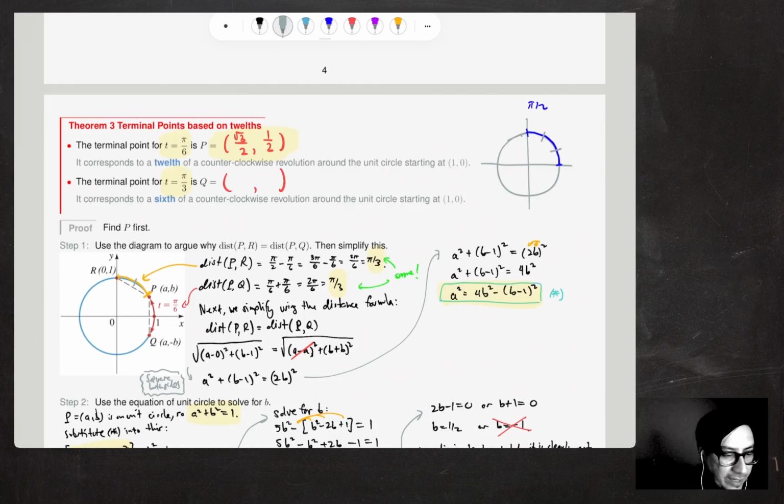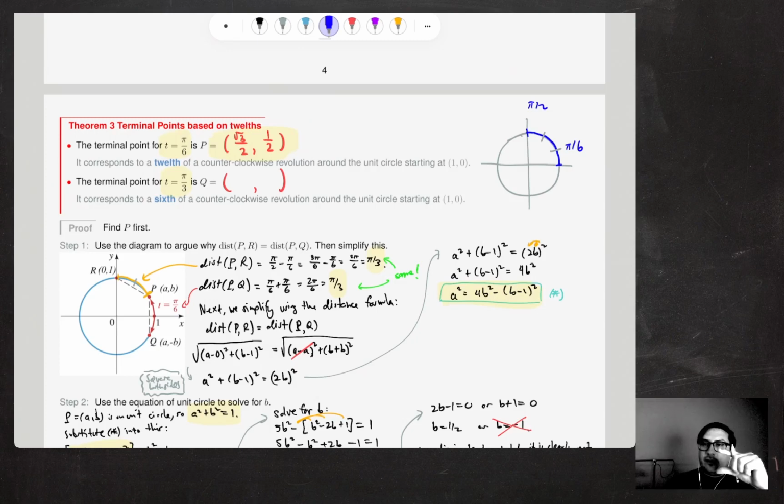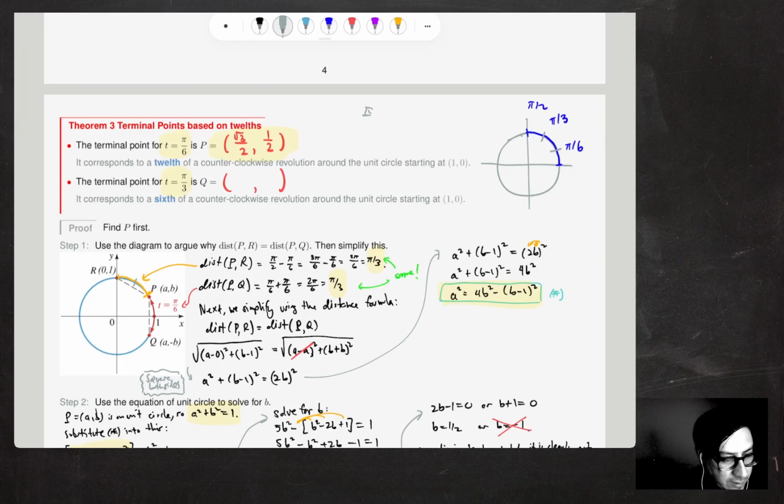Well, pi over 2 divided by 3 is pi over 6. And if I add pi over 6 plus pi over 6, that should give me this number, which is pi over 3, right? Let's just do that calculation off to the side. Pi over 6 plus pi over 6 is 2 pi over 6.